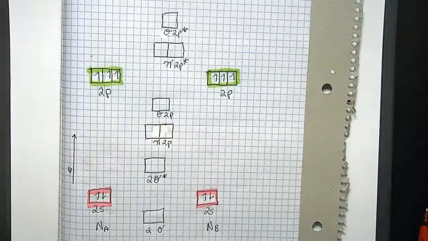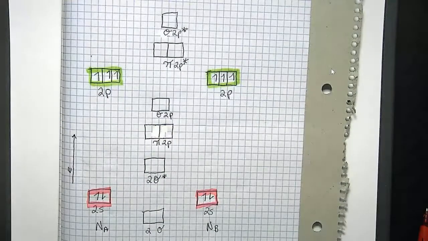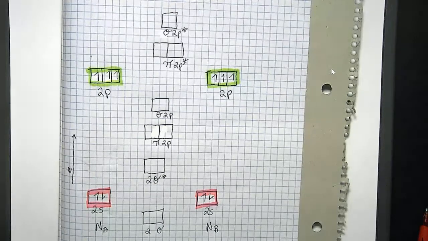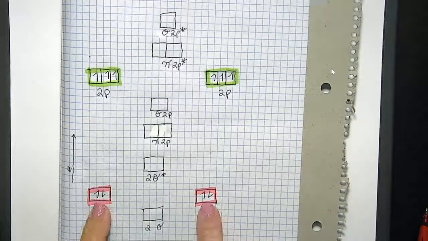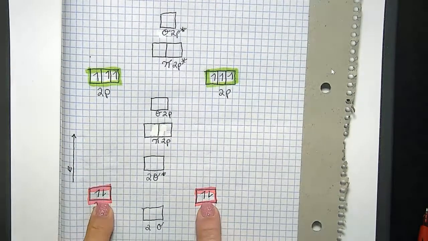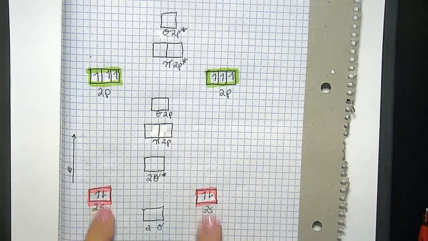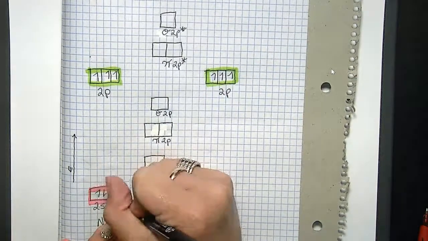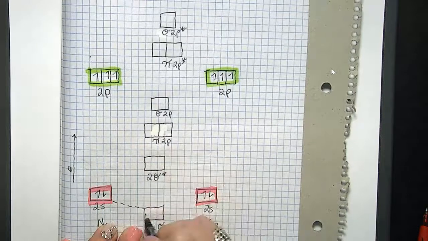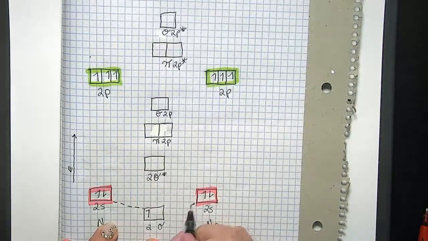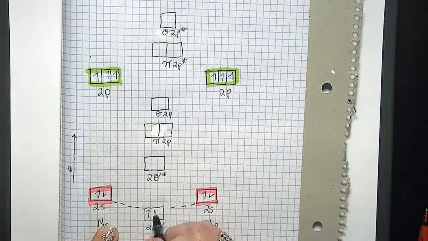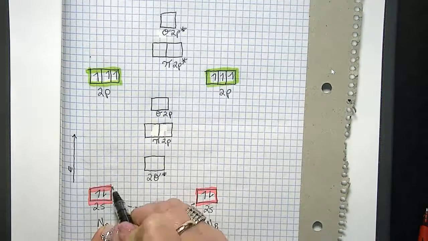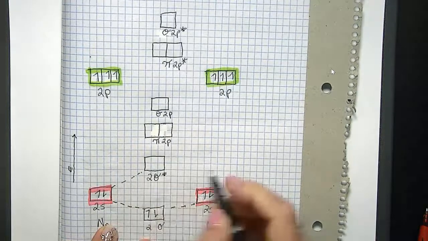What's going to happen is the same thing that happened with hydrogen. In the s orbital, there can only be 2, but there are 4 valence electrons total. So 2 are going to go down, 1 from that nitrogen, 1 from that nitrogen, and the other 2 are going to go up.